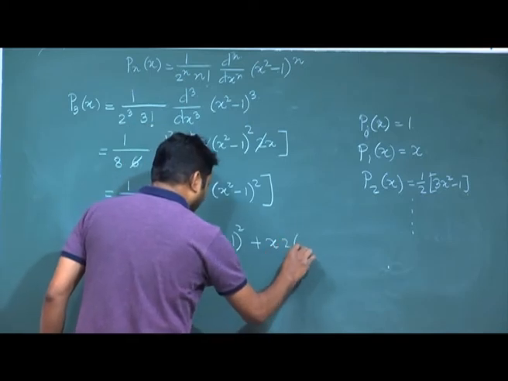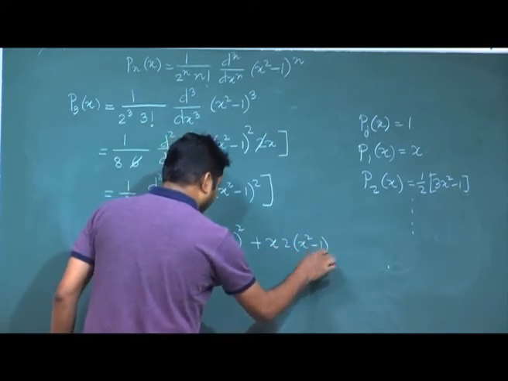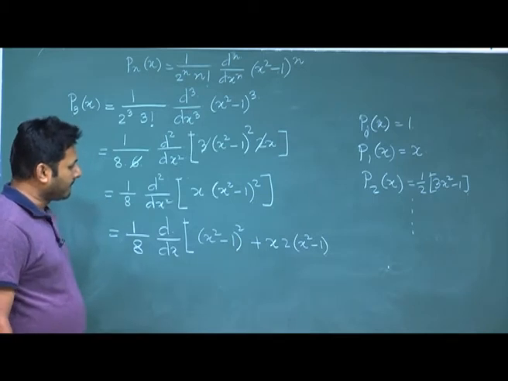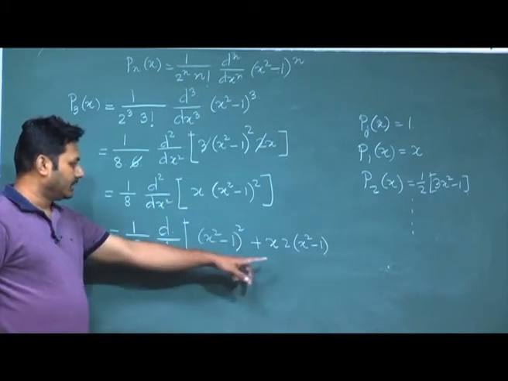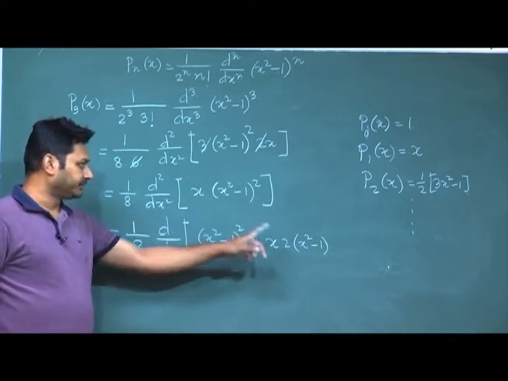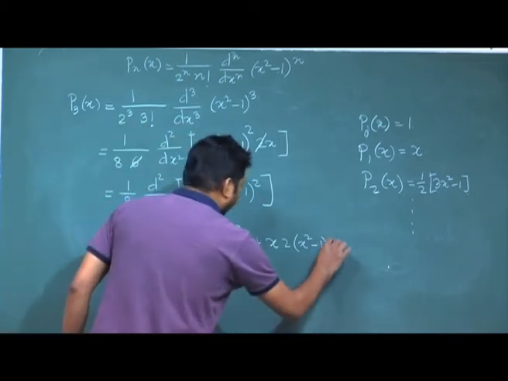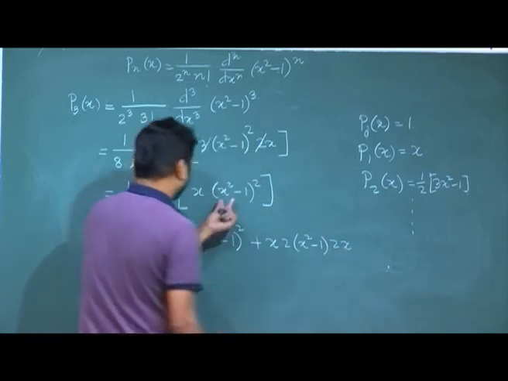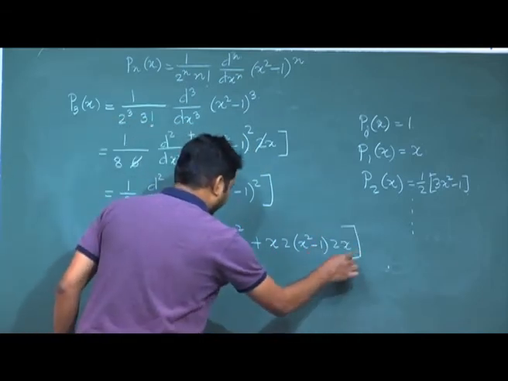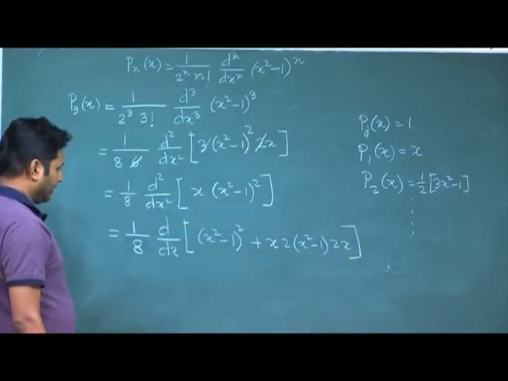So it is 2(x² − 1), 2(x² − 1), and then for x² I have another 2x. I believe it is fine.